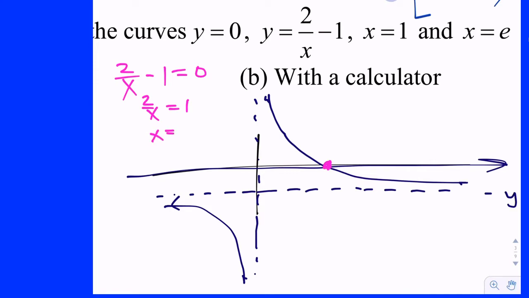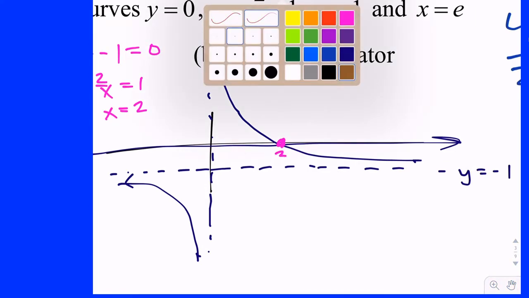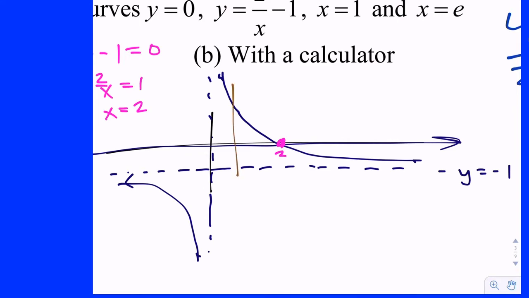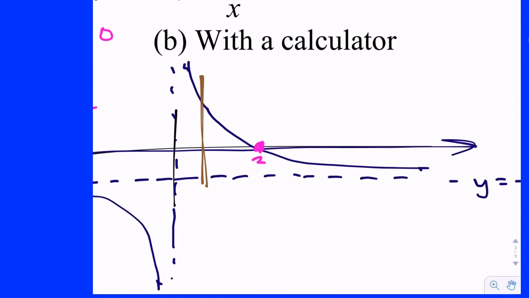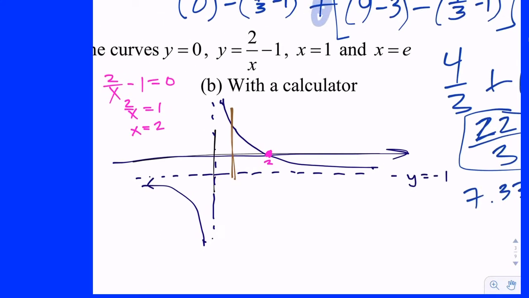So x would equal 2. Yeah? So if that's x equals 2, then the line of x equals 1 is going to be in front of it. And the line x equals e is going to be where? To the right of it, yeah? Right here, maybe? So x equals e and x equals 1.